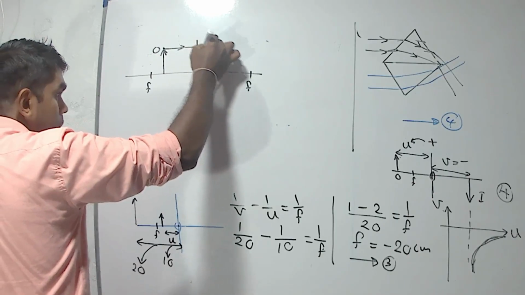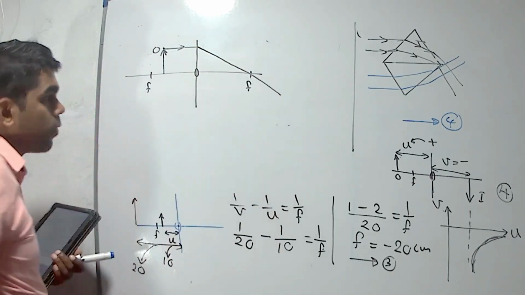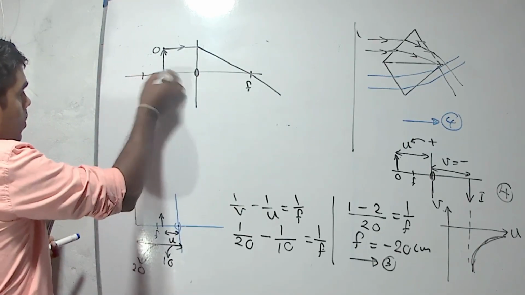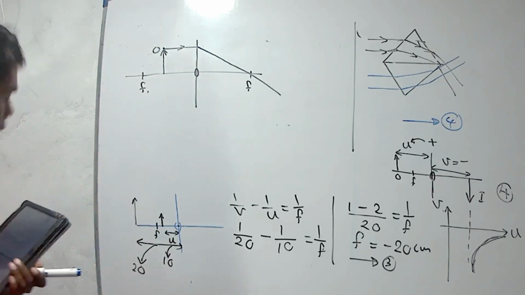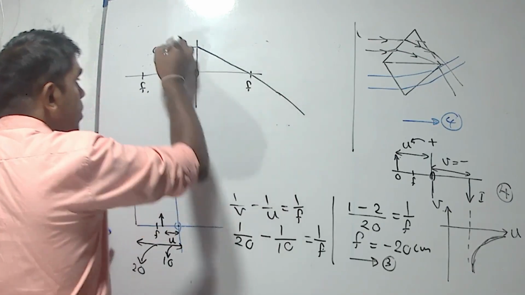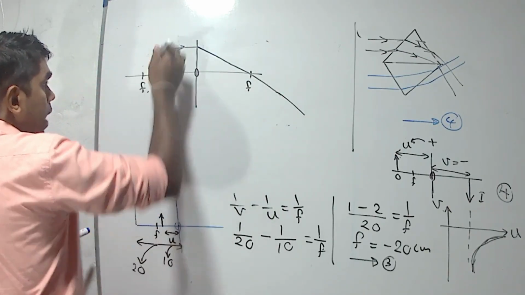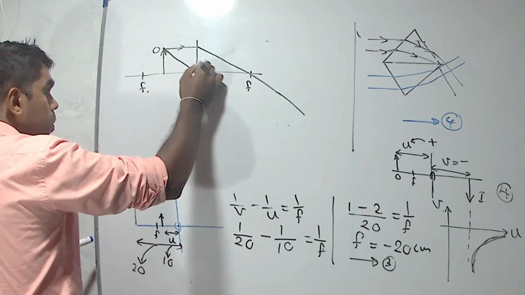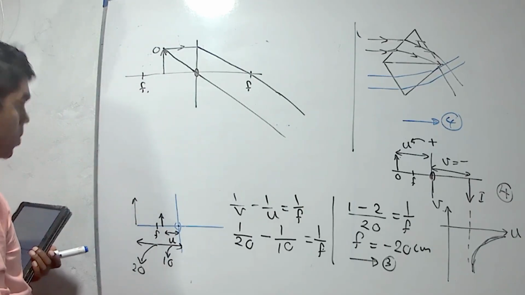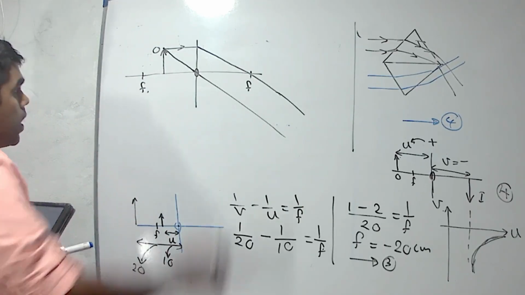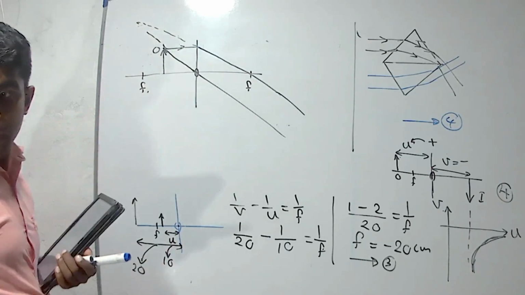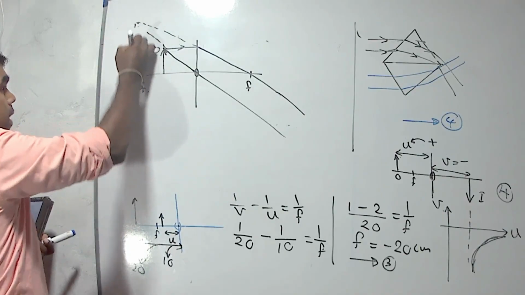The parallel ray should pass the focal point of the convex lens. And then we can consider the ray passing through the pole. Then an image should be formed on this side, like this.